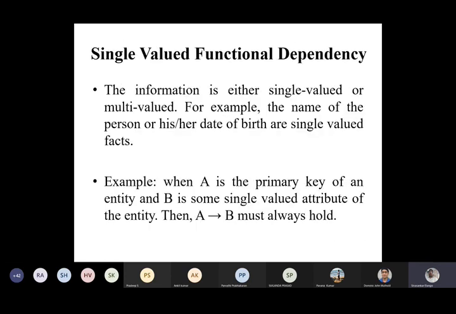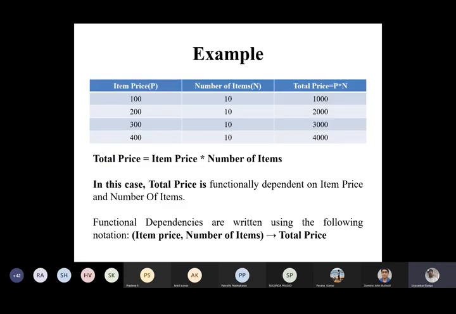The previous example was an example of fully functional dependency. How will you determine the total price? Total price is determined by the number of items and item price. If you remove item price or number of items, you will not be able to determine the total price.